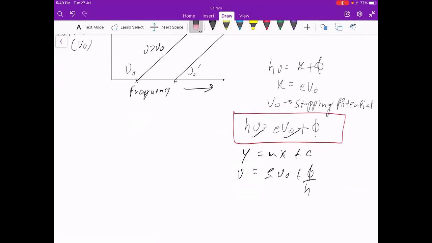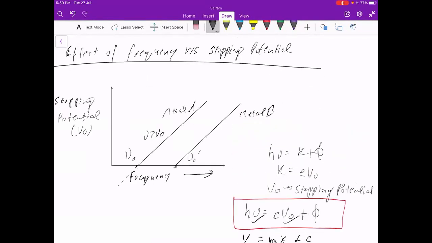E by h is m, the slope, and phi by h is the y coordinate when x is 0, that is, for 0 frequency. 0 frequency doesn't happen. In reality, you don't apply 0 frequency, but this is where you'll end up.